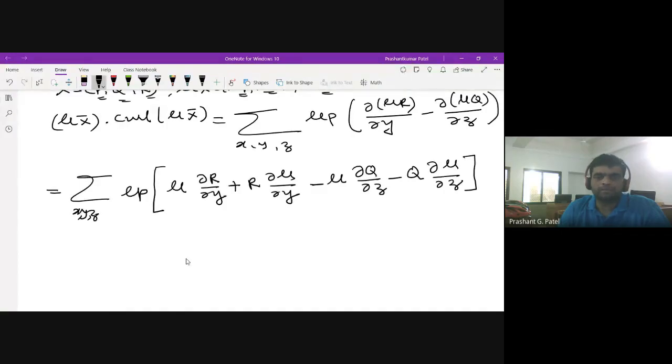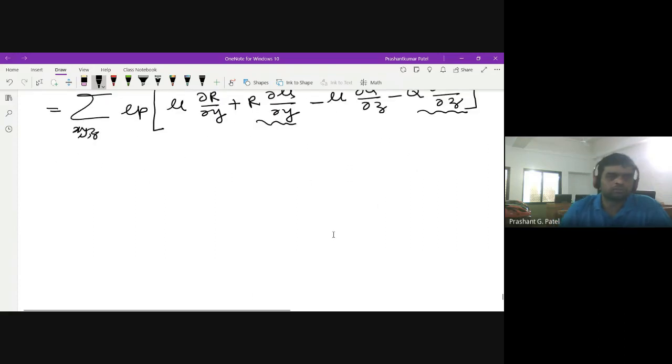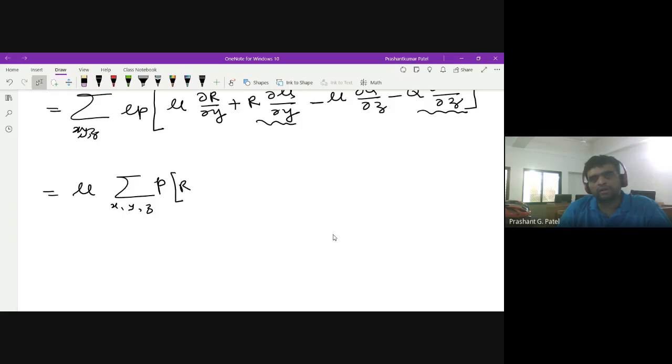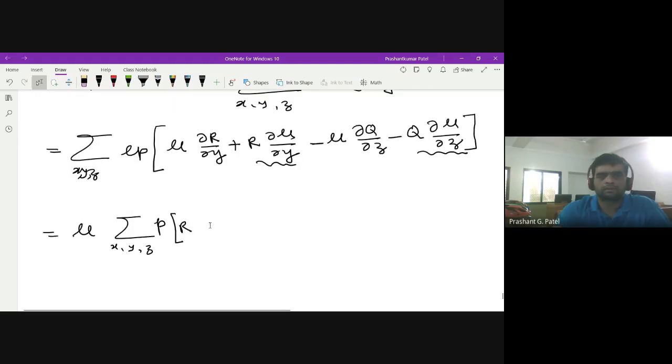Now you just combine these two terms, this one and this one, and write them separately. μP is multiplied to both terms. So in the first summation we have μ times the summation over x, y, z of P times (R ∂μ/∂y − Q ∂μ/∂z).